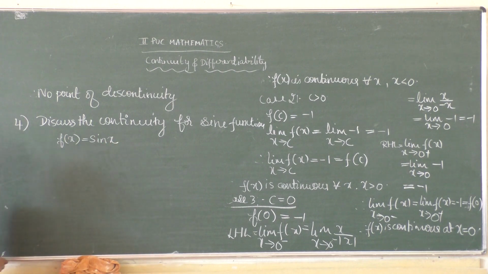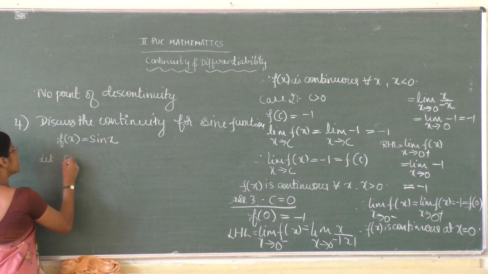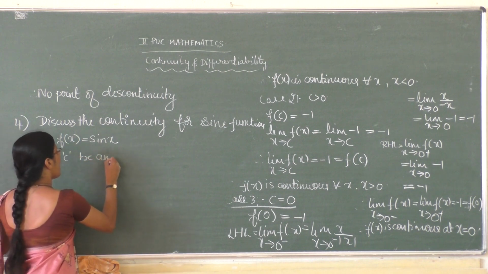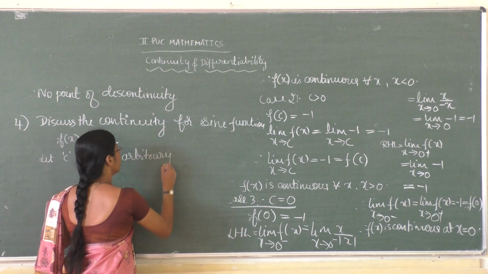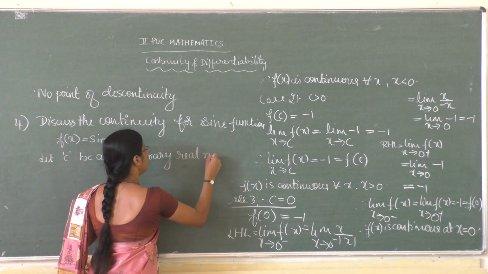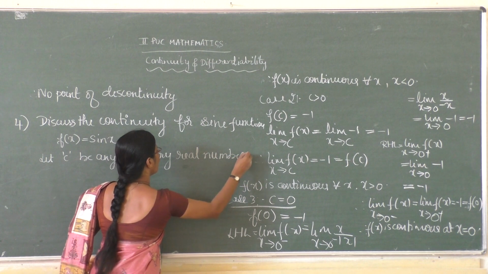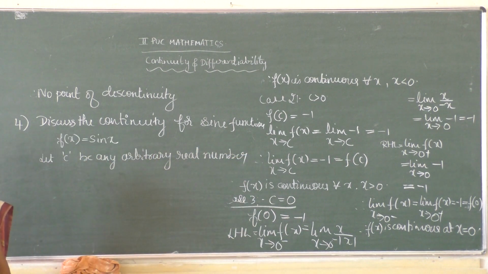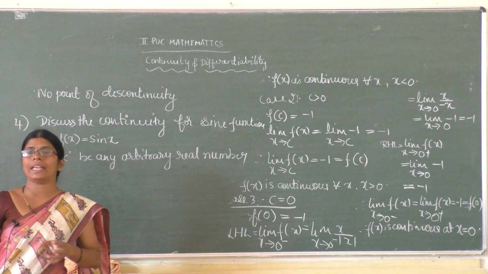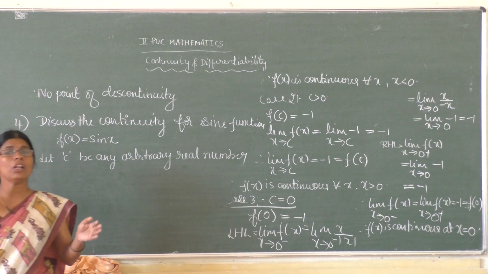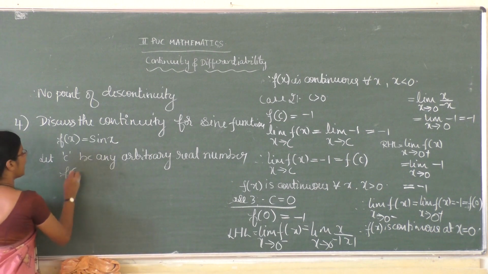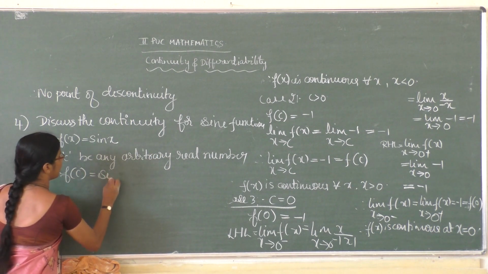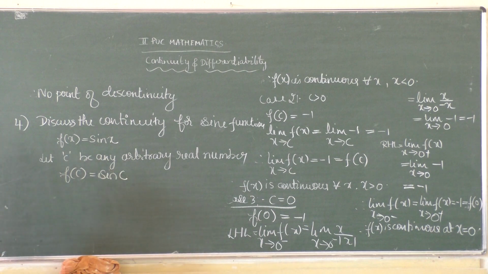Then let c be any arbitrary real number. All of you know that the sine function is defined for all real numbers. That means the domain of the sine function is R. Therefore, f of c equal to sin c is clearly defined.